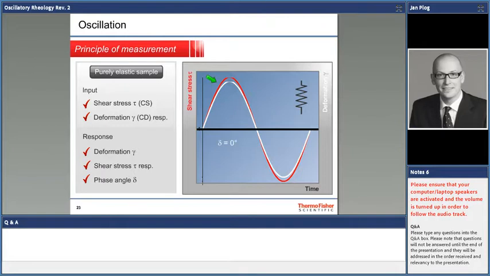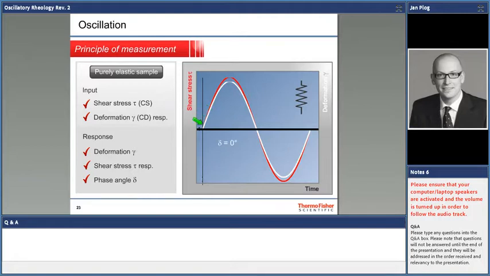For instance, you have a purely elastic body. When you have a purely elastic body, and you apply, as I told you before, a sinusoidally modulated stress amplitude, here in red, your elastic body will follow directly. You start the motion. Think of the creep test again. You apply a stress.